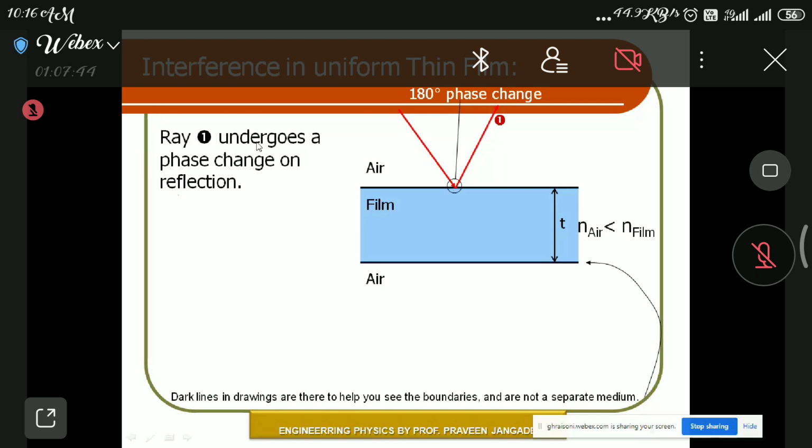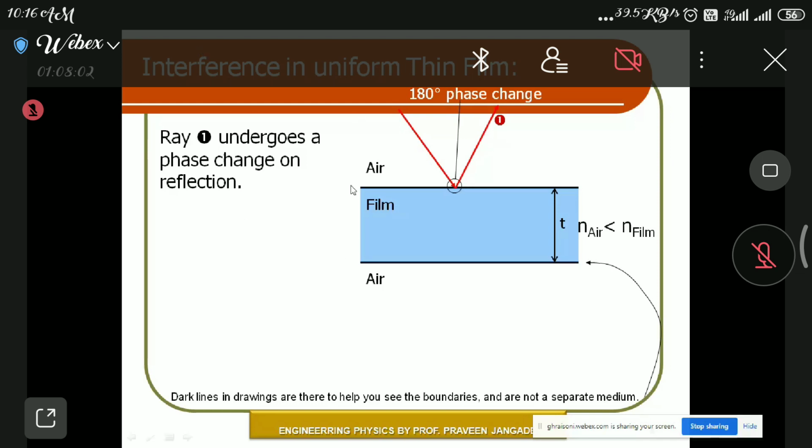Ray 1 undergoes a phase change on reflection, a phase corresponding to pi. There is a pi change because it gets reflected from the denser medium.